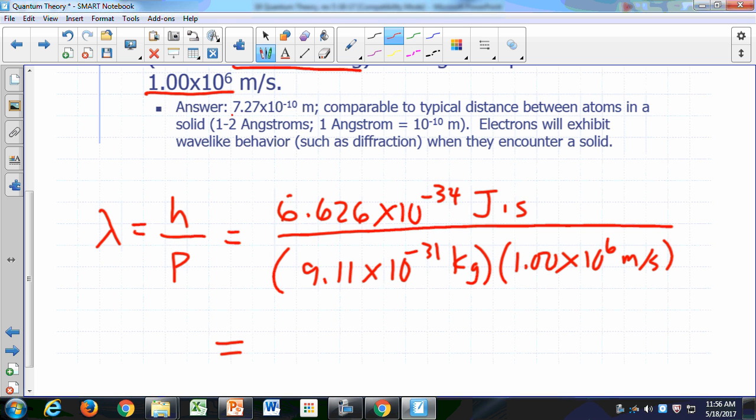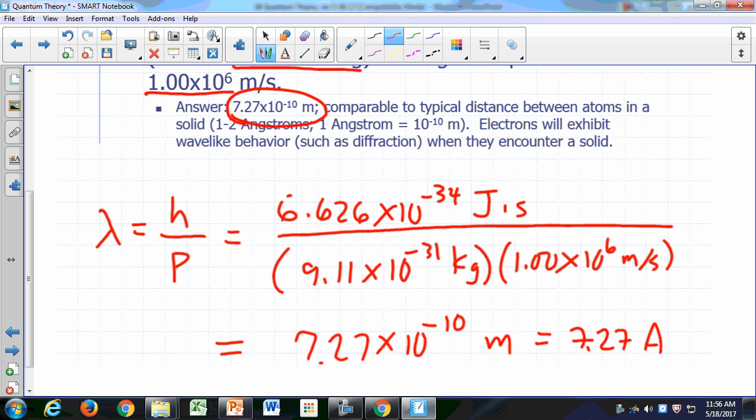If you do the calculation, I have the answer here already: that's 7.27 times 10 to the negative 10 meters. So that's 7.27 angstroms, or 0.727 nanometers.